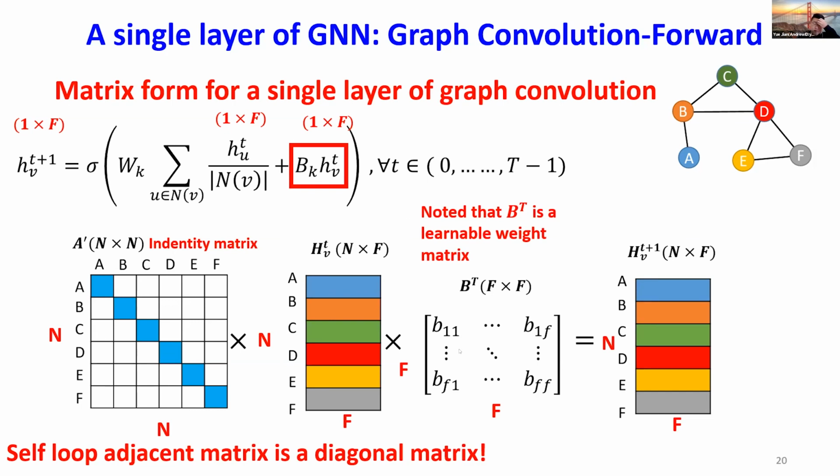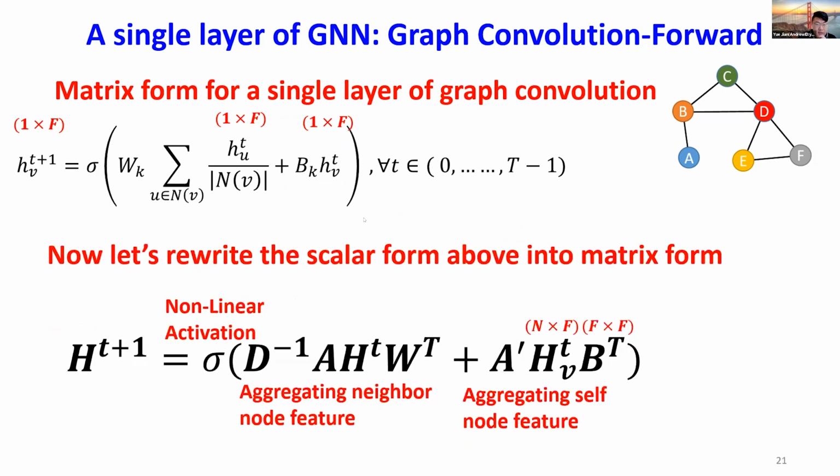Similarly, we will apply a learnable weight term with the shape of f by f here. Because these terms we do not need to normalize, we don't have a normalizing term here. We only need the product of these three matrices to produce a new feature matrix. So this is how we deal with the self-loop terms.